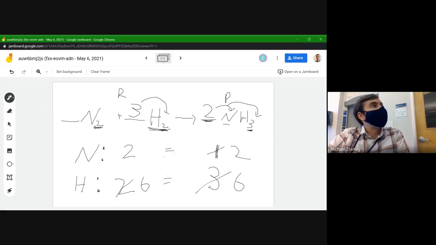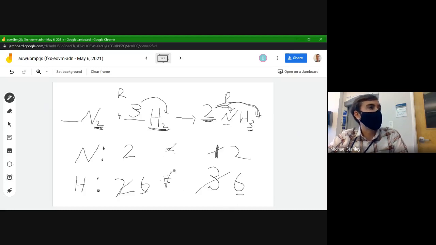We have 2 N's on the reactant side, and 2 N's on the product side. So this checks out. We have 3 times 2 is 6 H's on the reactant side, and 2 times 3 is 6 H's on the product side.